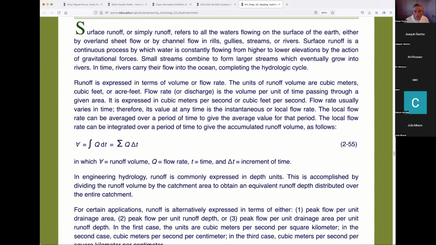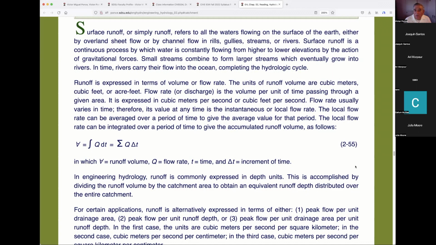Now, how do we express runoff? We express it in terms of volume, runoff volume, in cubic feet or cubic meters, or flow rate, cubic feet per second, cubic meters per second. In hydrology, we also express runoff in terms of depth by dividing the discharge over the area, the total volume over the area becomes depth.